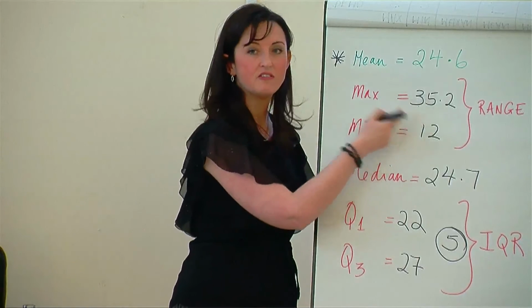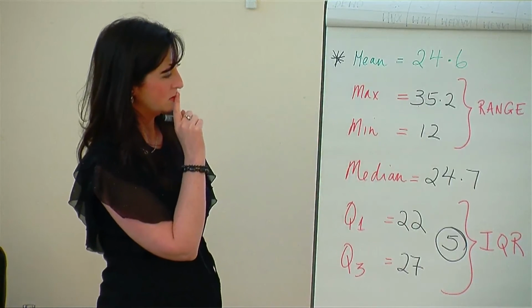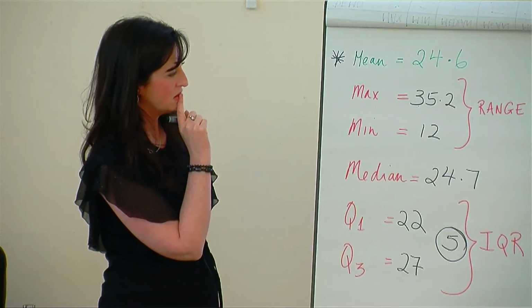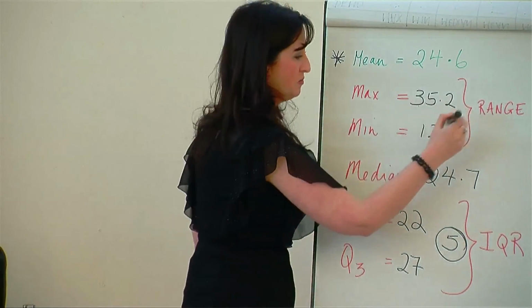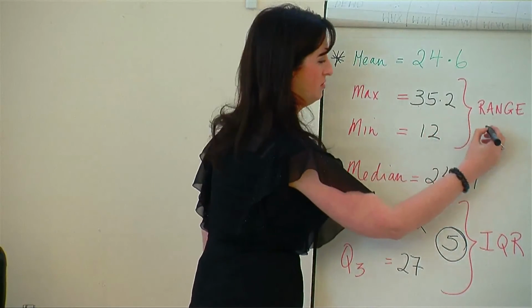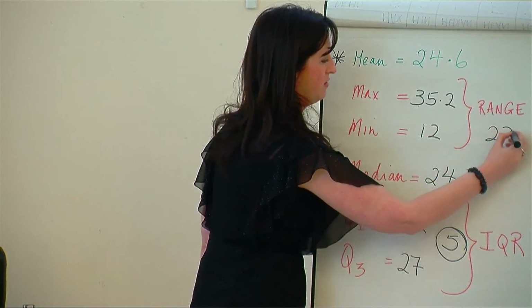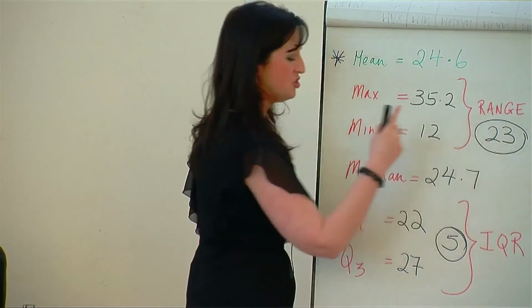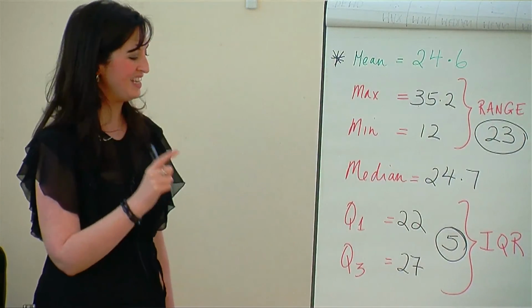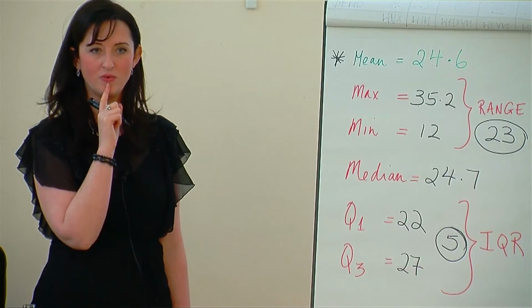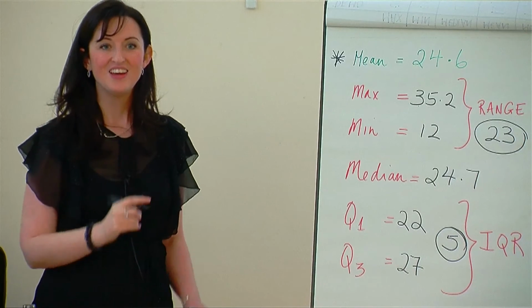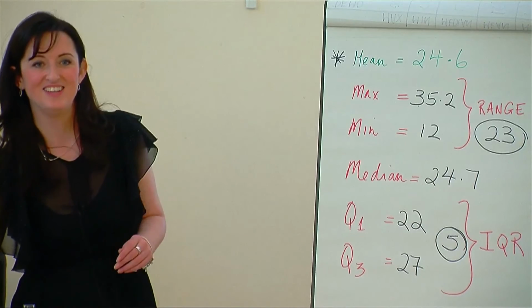Roughly how long is our range? Okay, so we'll say roughly 23. So my range is 23, and my interquartile range is 5. Exactly, exactly.